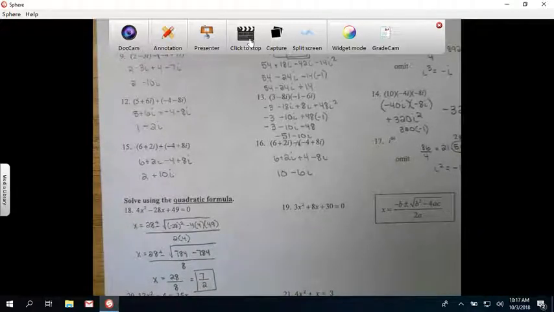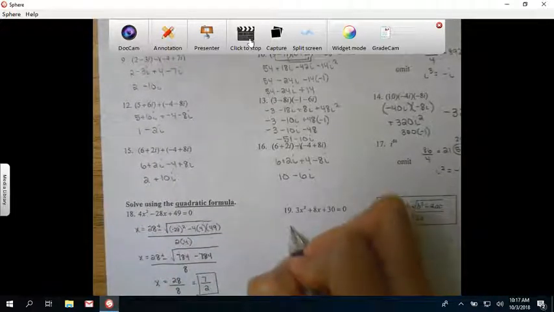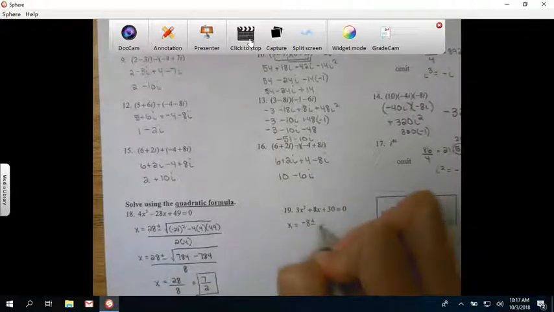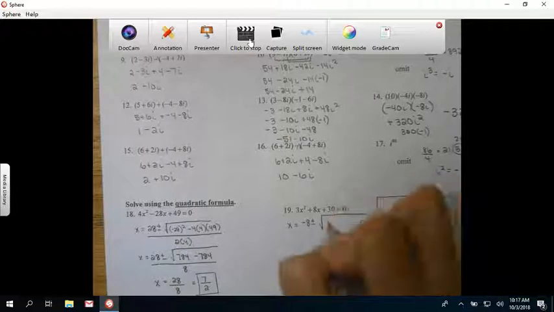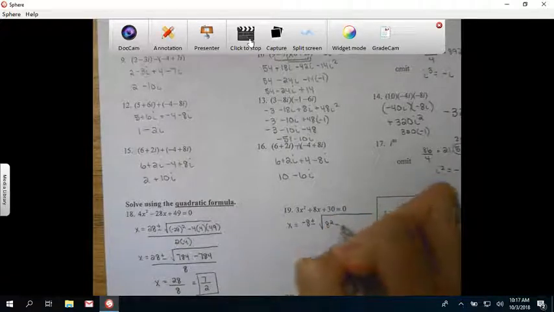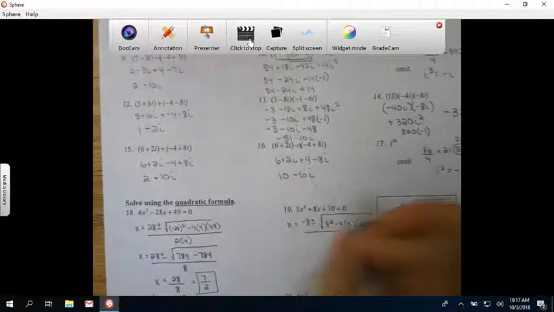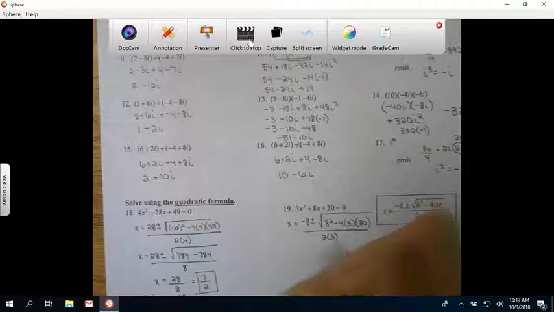Okay. Right here, so if I do negative b, so negative 8 plus or minus the square root, and then I have 8 squared minus 4ac, all of that divided by 2 times a.